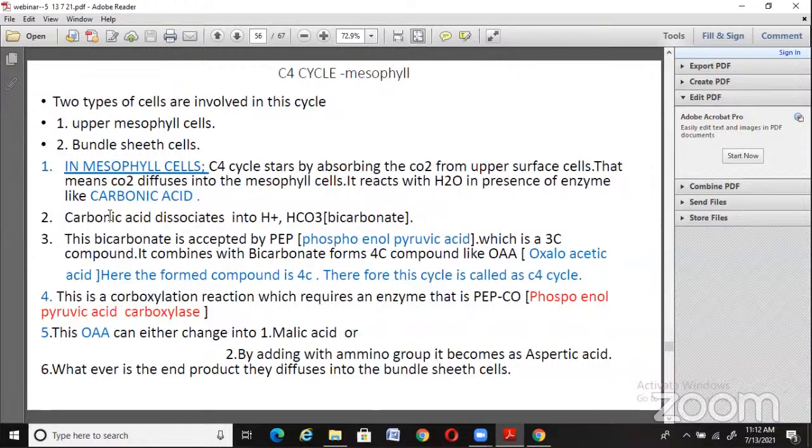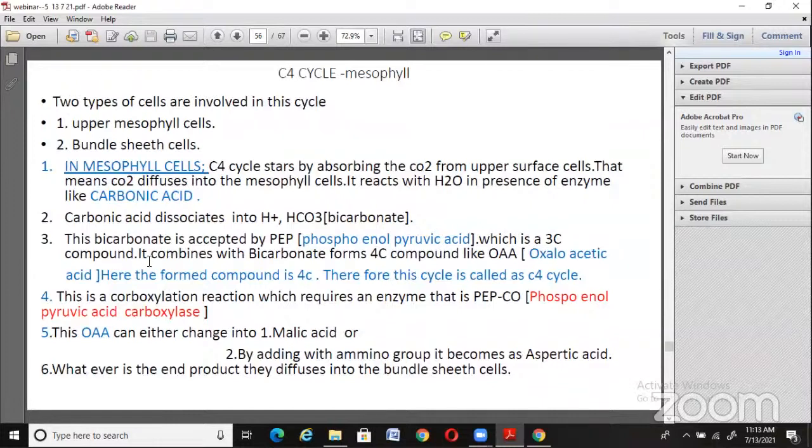In the second step, this carbonic acid dissociates into proton and bicarbonate, and this bicarbonate is accepted by phosphoenol pyruvic acid, which is a 3C compound.